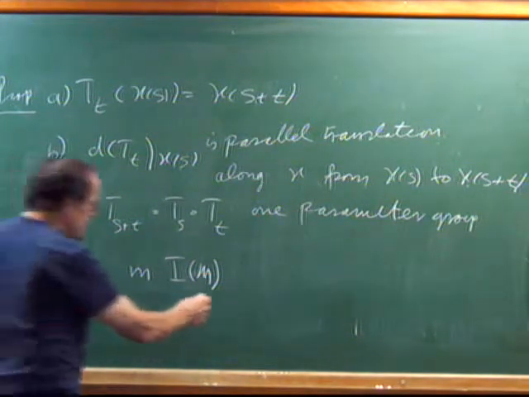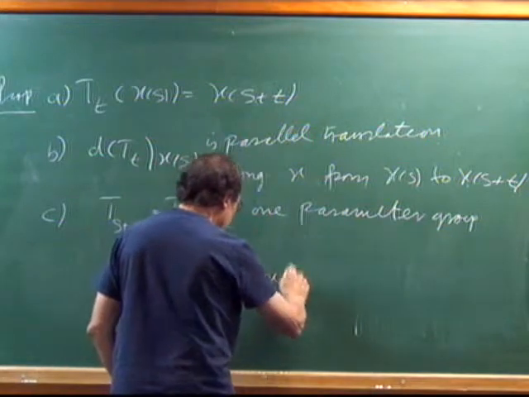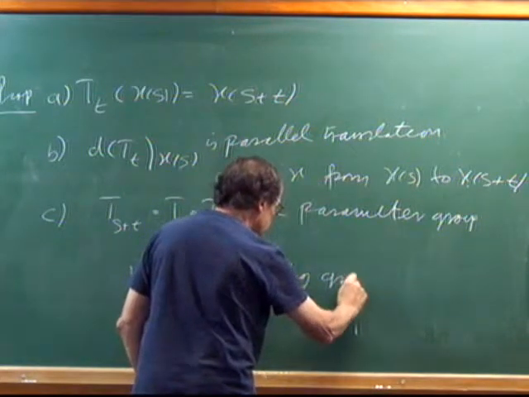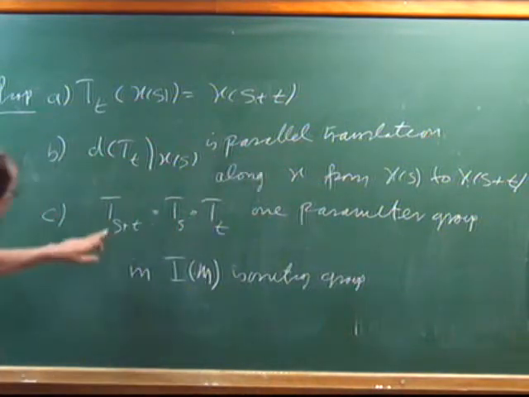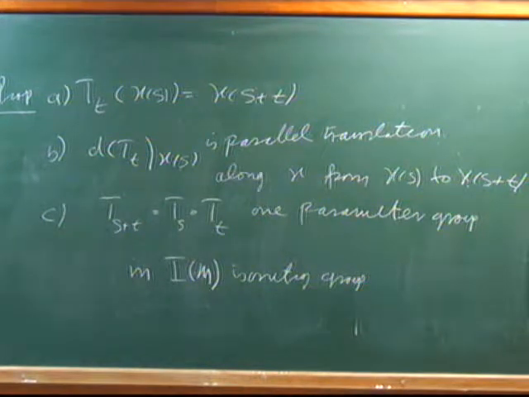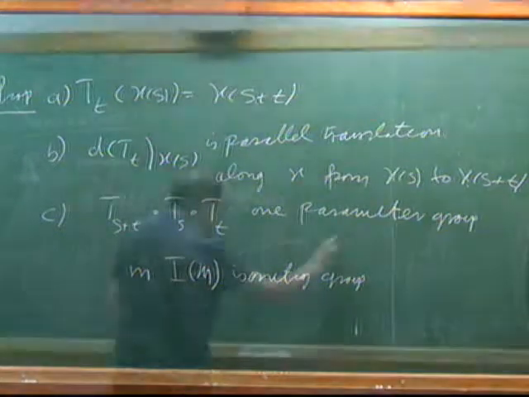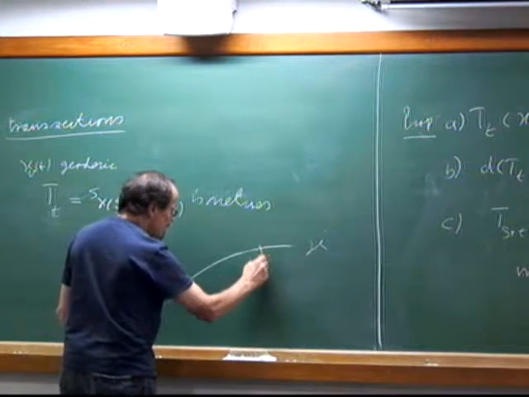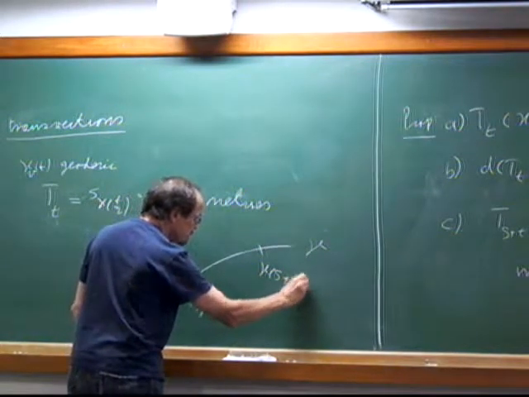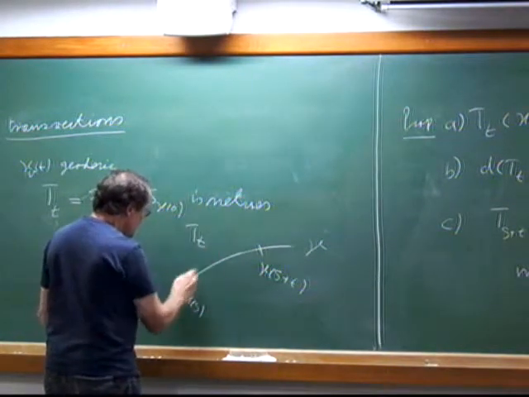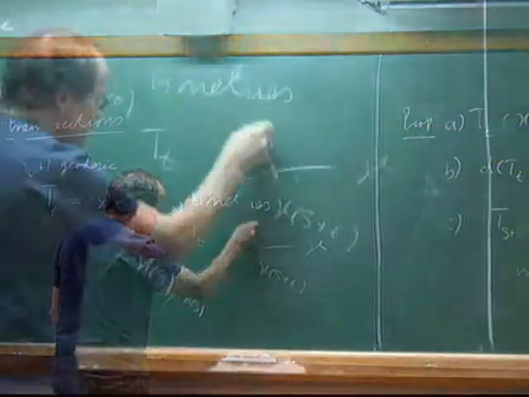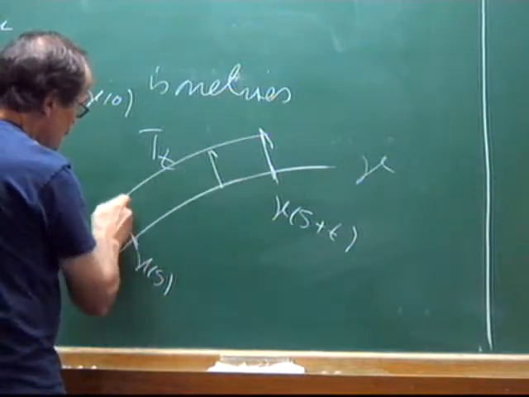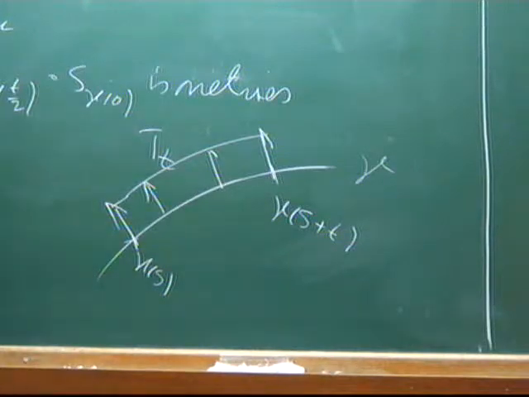That was my notation for the isometry group. So inside that Lie group, I have these kind of one parameter groups. If I have a geodesic gamma here, these transvections take gamma of s to gamma of s plus t, and along there it's parallel translation in this sense. It's a very special property.